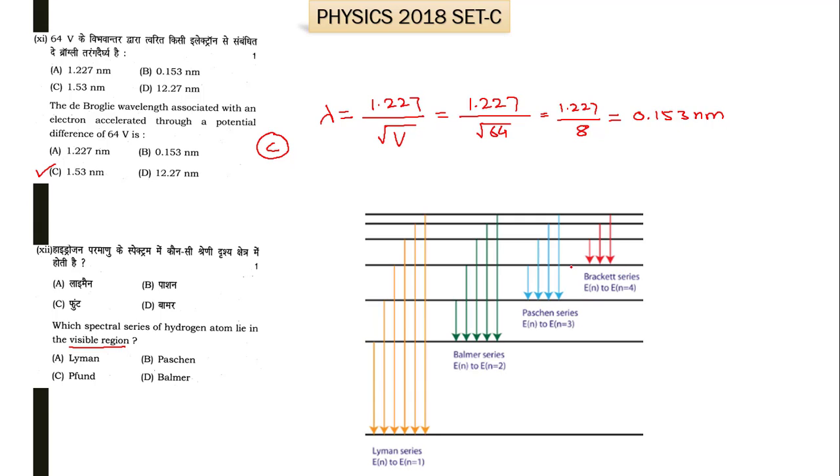Now in this particular region, Balmer series, it is asking about the visible region. So Balmer series lies in the visible region, and these two, that is Brackett and Pfund series, both lie in the infrared region, and this is the ultraviolet region. This is Lyman series. So Balmer series is the right option. So D is the right option for the 12th question.